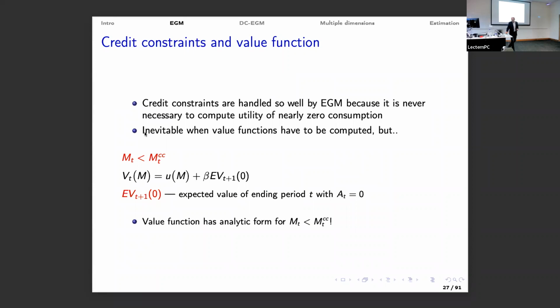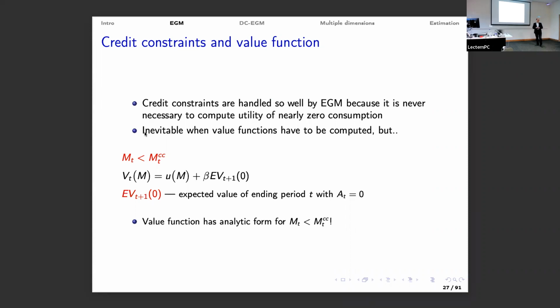Now, as you will see, we will have to calculate the value function in order to move forward. And so how do you calculate the value function with EGM? Well, once you know the optimal consumption, it's kind of easy. You plug it into the Bellman equation. But for this area where we will not have any points close to the origin, because we've just connected the dots, it would be nice to know that the value function is given by just this expression. Why? Because we do know what the optimal consumption level is.